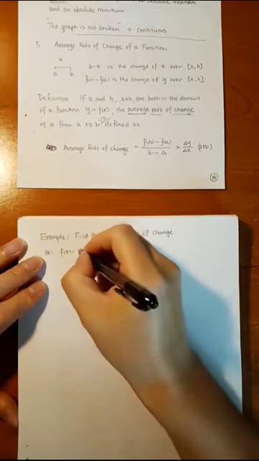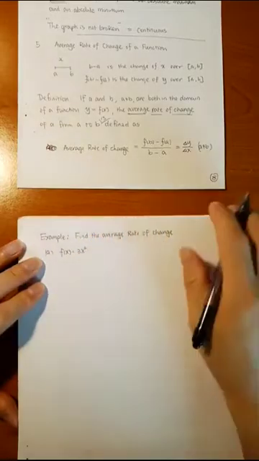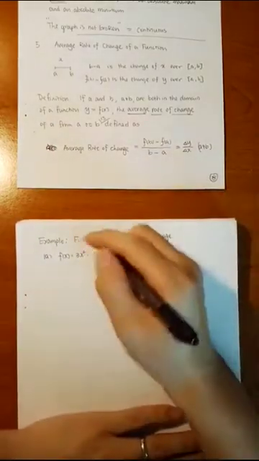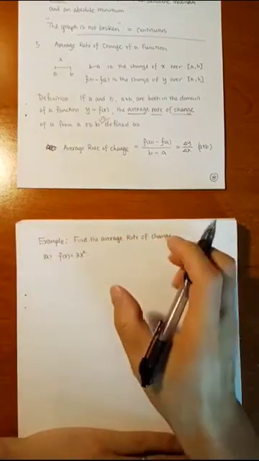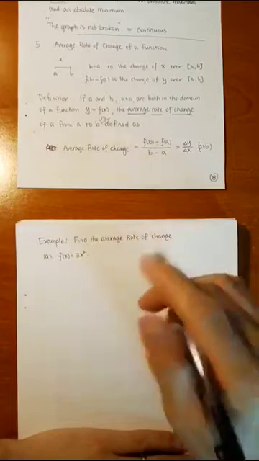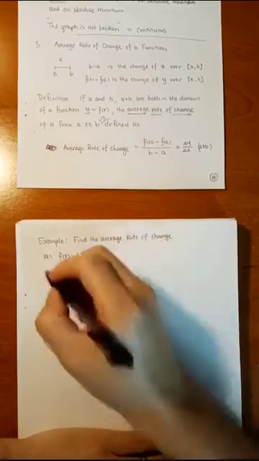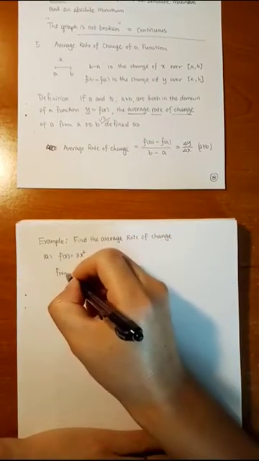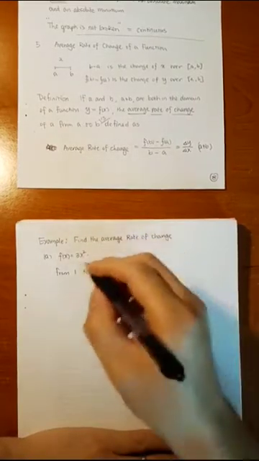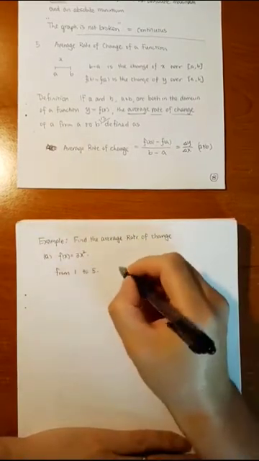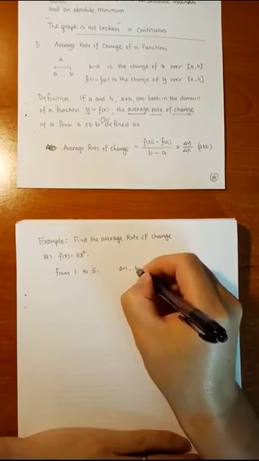f(x) is 3x squared. It depends on the domain, the interval. You have a, b, okay? So let's say from 1 to 5. If it's from 1 to 5, a is 1, b is 5.